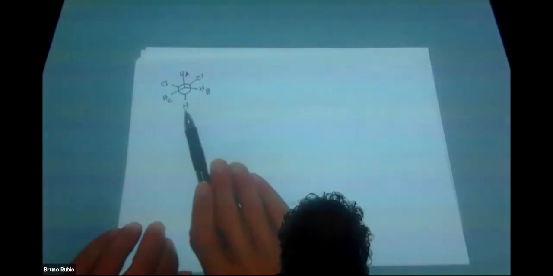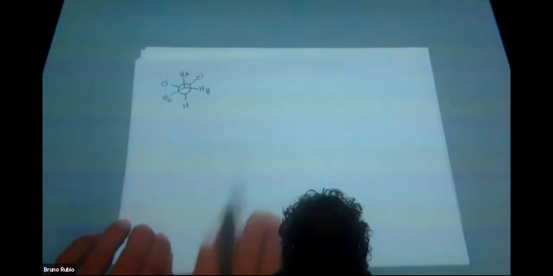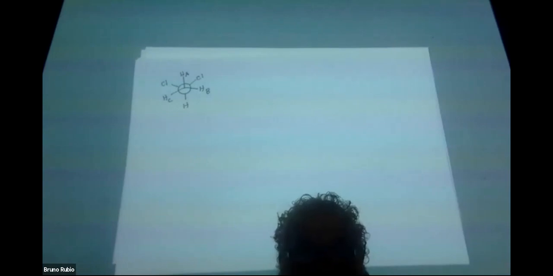I'm not looking at this proton back here. I'm just looking at the 3 protons of this methyl group right now. So if the Newman projection were frozen like this, how many signals from that methyl group?